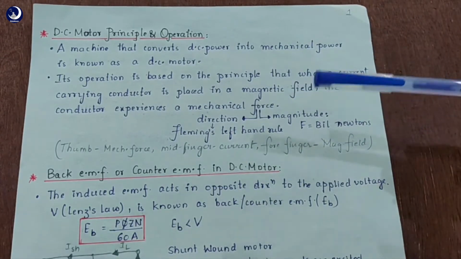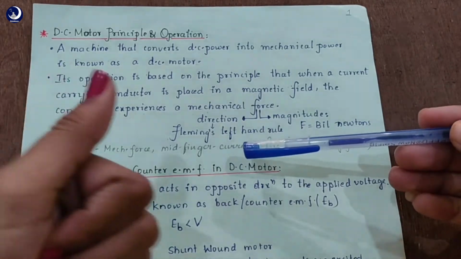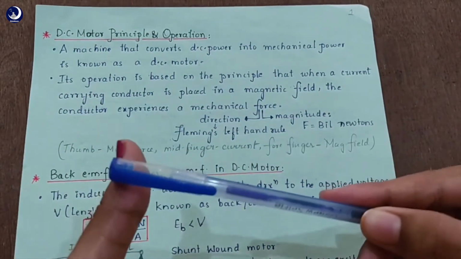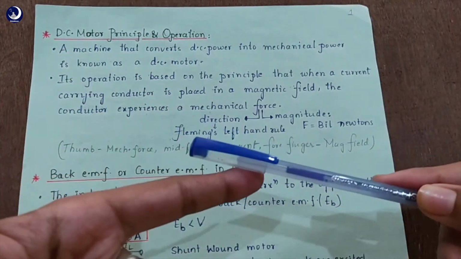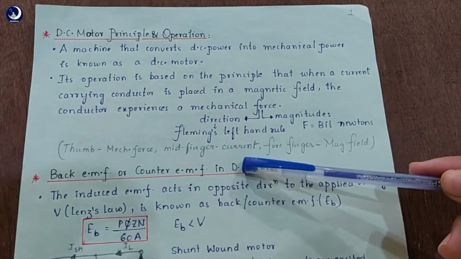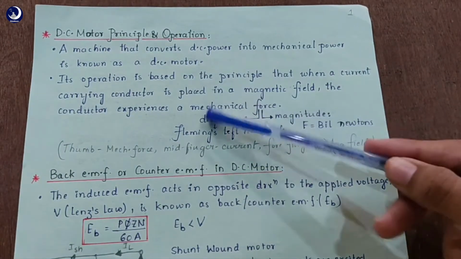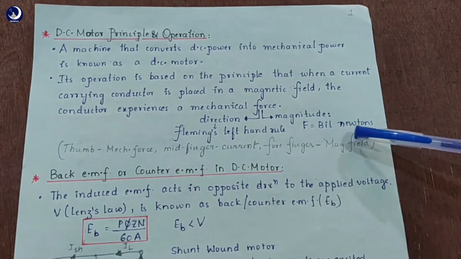The direction of this mechanical force is determined using Fleming's left hand rule, where the thumb indicates the mechanical force, the middle finger indicates the current, and the forefinger indicates the magnetic field. The magnitude of this mechanical force is given by F equals BIL newtons.